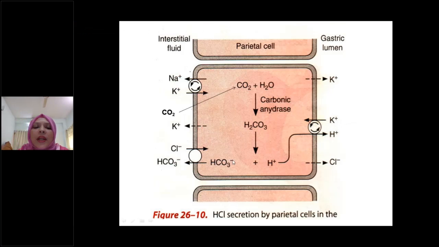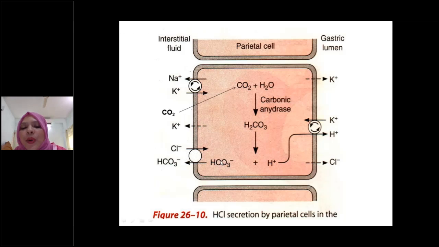Okay, now what about the bicarbonate ion? This bicarbonate goes towards the interstitial fluid, that is ECF, in exchange of chloride ion, that is antiport system. What do you mean by antiport? This is one kind of secondary active transport or counter transport.